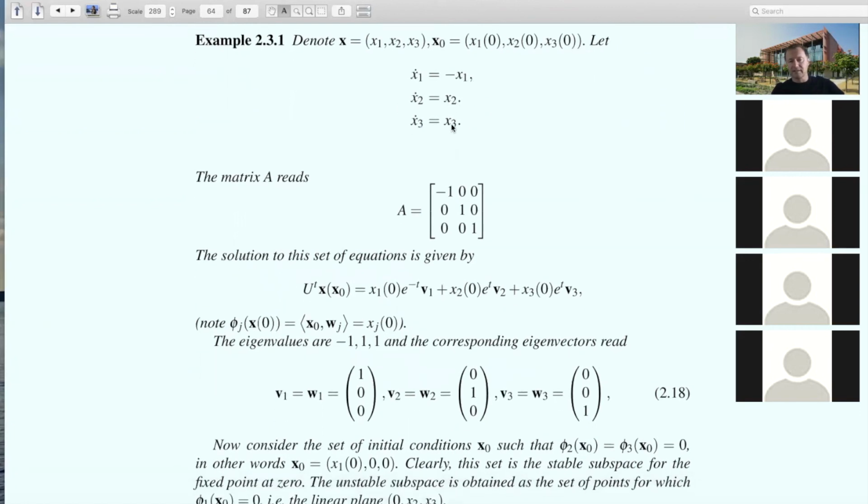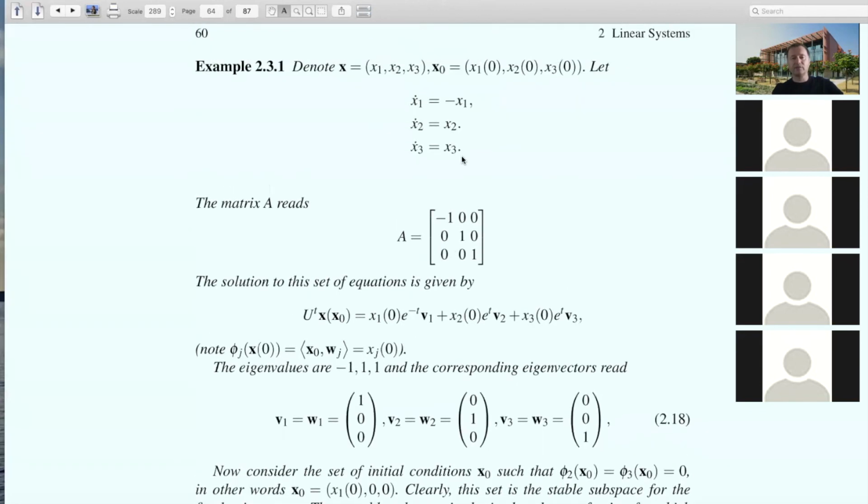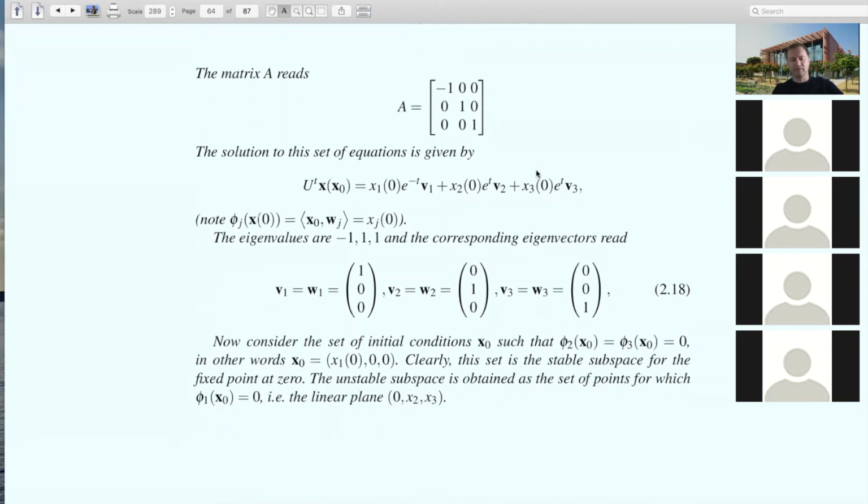And obviously, the unstable subspace is obtained by making phi 1 zero, and so any vector of the form (0, x2, x3) is in the unstable subspace, and that's obtained by asking that the stable eigenfunction is equal to 0 for that set of initial conditions.